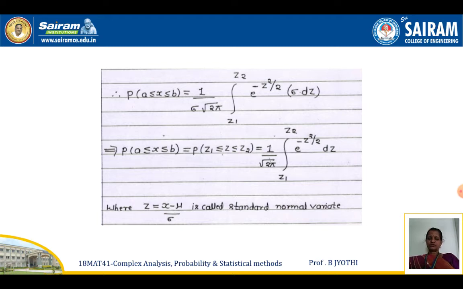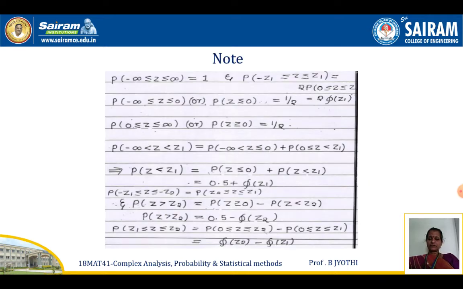So the limits also, it is the same thing. Where z equals (x minus mu) by sigma is called the standard normal variate. We can note that P of minus infinity to plus infinity of z is 1. P of minus z1 less than or equal to z less than or equal to z1 is equal to 2 times, because the left hand side of the bell shaped curve is 0.5 and the right side is also 0.5, it is symmetrical.